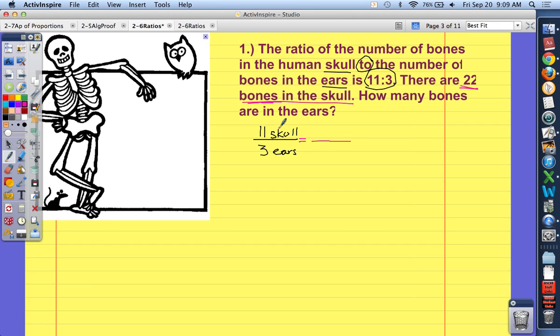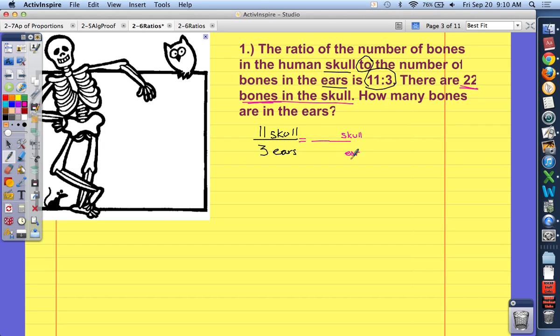So since skull is on top over on the left, I would put whatever number represents the number of bones in the skull on top on the right. Since the number of bones in ears is on the left in the bottom of the fraction, make sure the number of bones in the ears is on the bottom over on the right. There are other ways to set it up, but you want symmetry, whether it's vertically symmetrical or horizontally symmetrical within the proportion. This is the standard way that we do it, so keep them matched up.